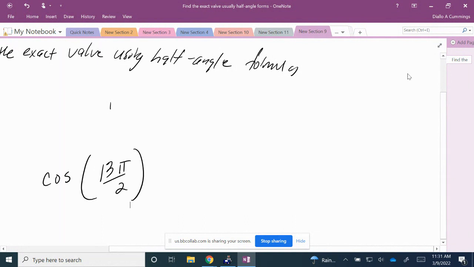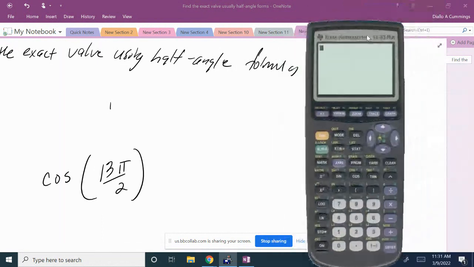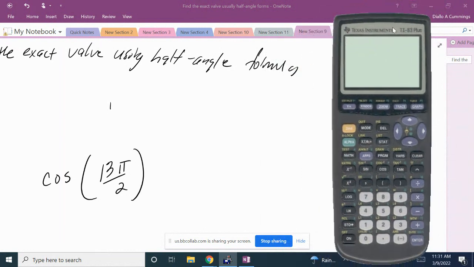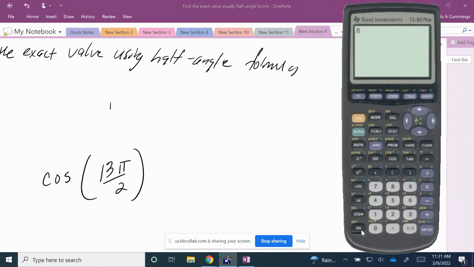All right, so if I were to change 13 pi over 12 to a degree measure, I have 13 times 180, and that's a 12, divided by 12.